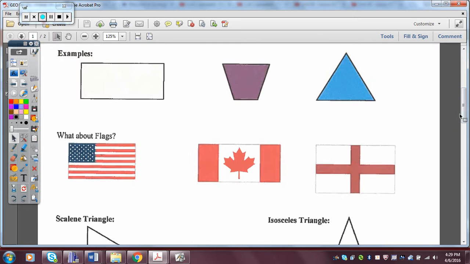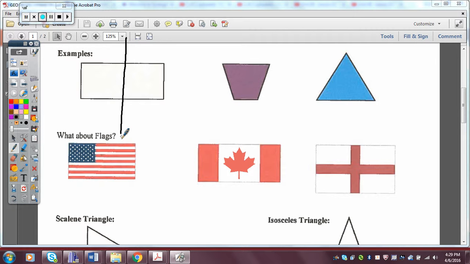If I first look at a rectangle, I can draw a line of symmetry right here, because if I fold this paper along this line, this picture is going to be the exact same on both sides. Okay? And that's the exact same if I do this line of symmetry. If I fold my rectangle along that line, I'm going to get the exact same shape on both sides.